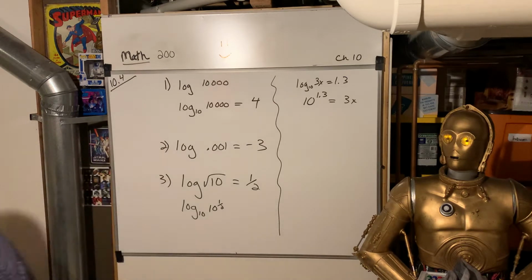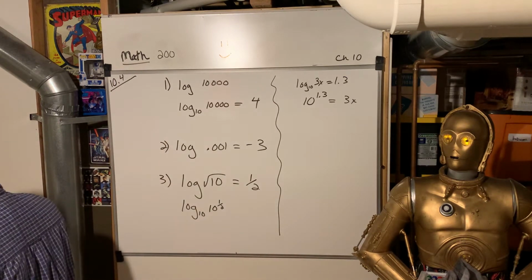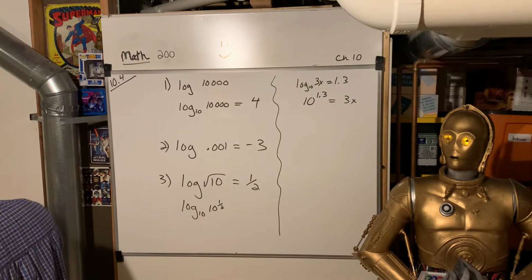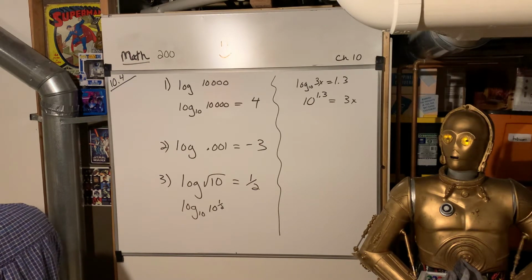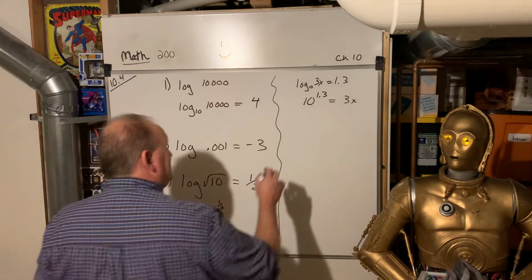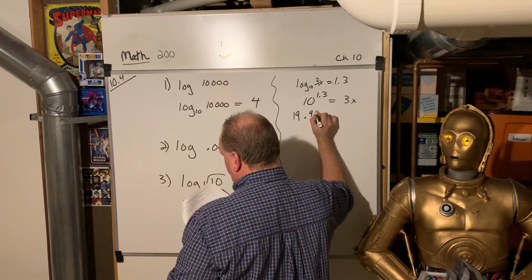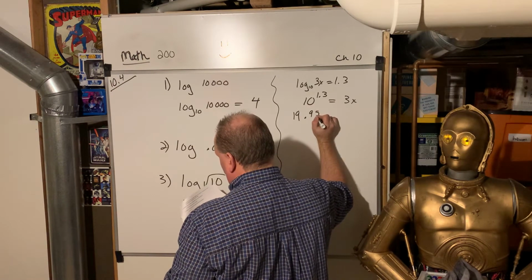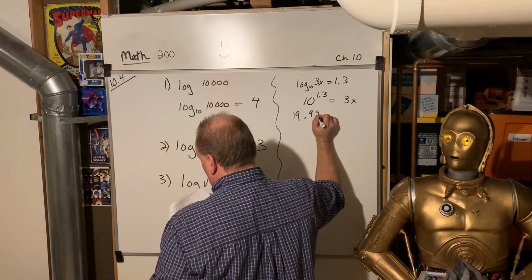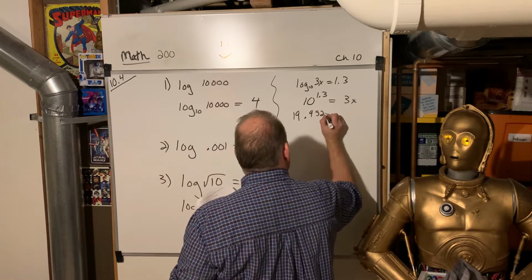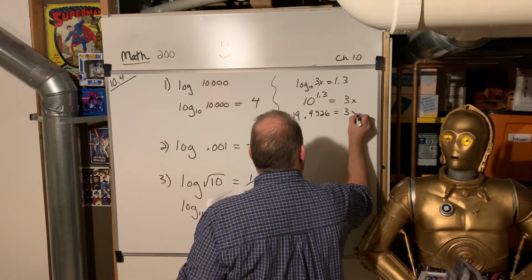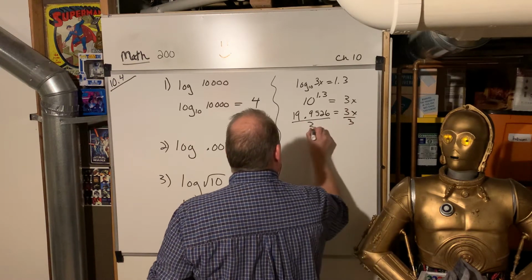And you take 10 to the 1.3 power. Let me do that on the calculator. 10 to the 1.3 is 19.95 to 6, and that's equal to 3x, and then we divide it by 3.